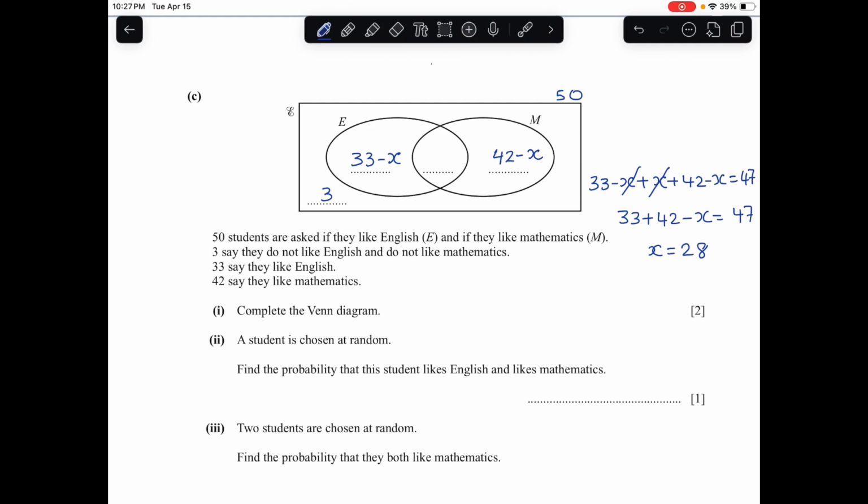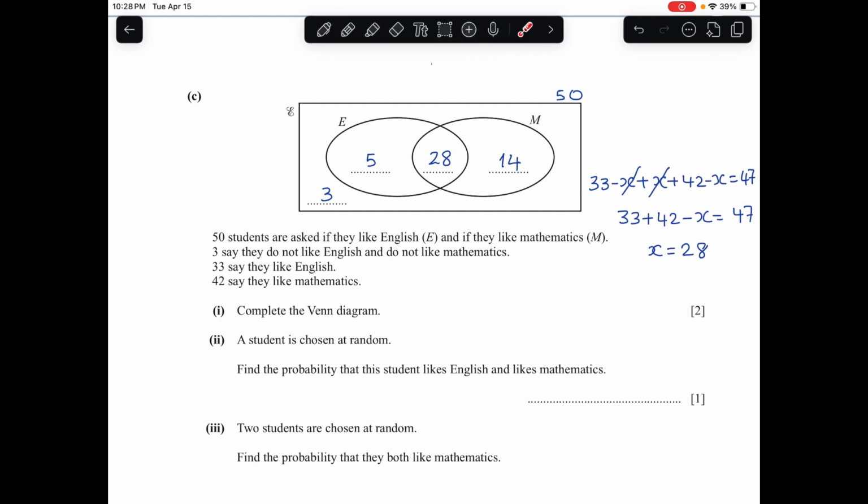So now we know that there are 28 people who like both English and maths. 33 minus 28 will give us 5. So that will go here. And 42 minus 28 will give us 14, which will go here. What happens if you don't want to set up an equation like this?